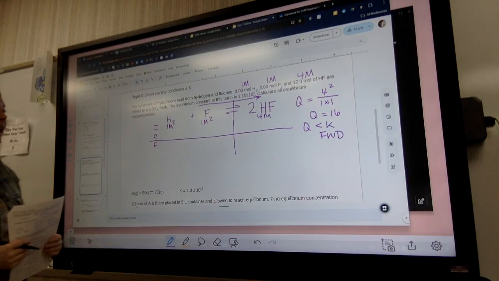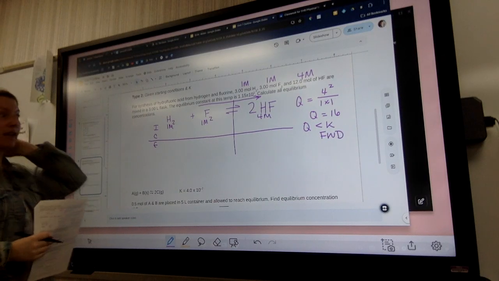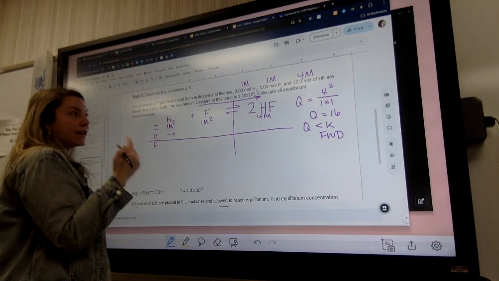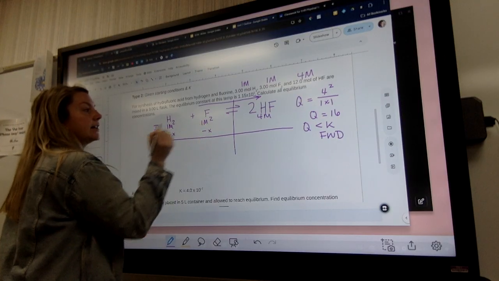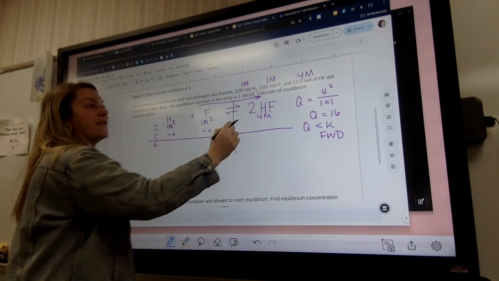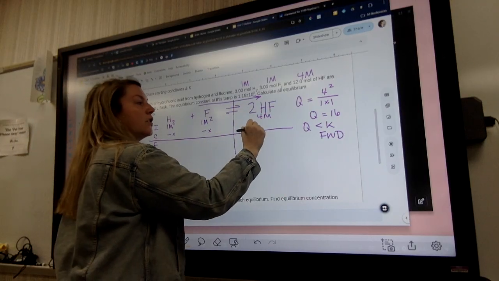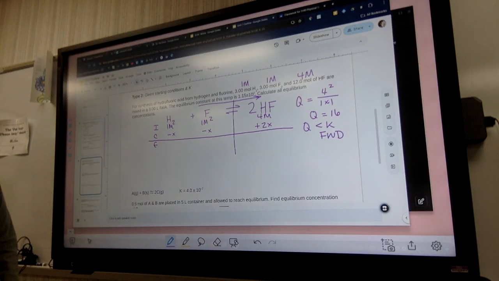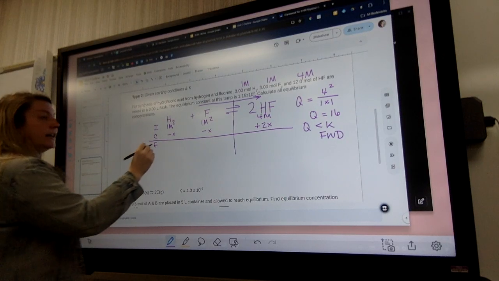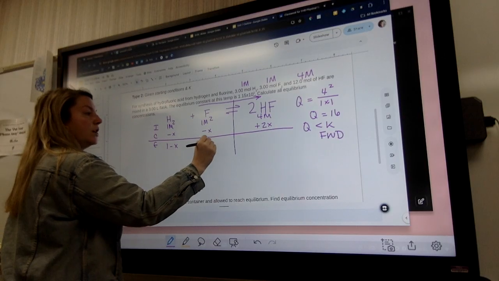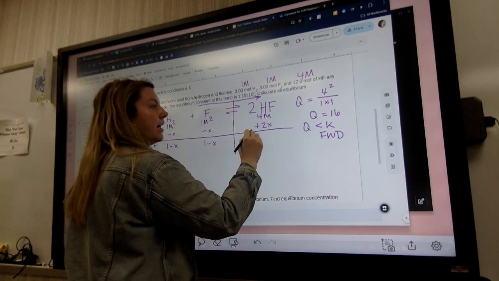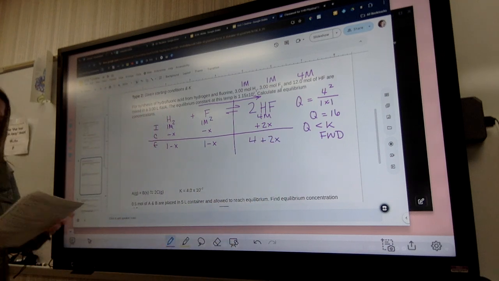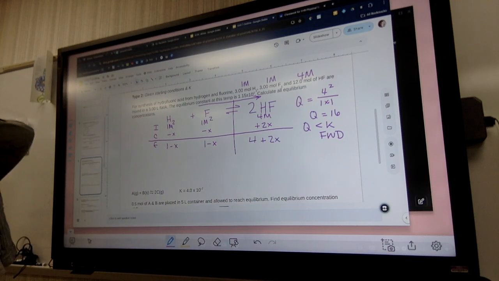So let's go ahead and write that in using the coefficients out in front. So I'm going to have a minus x from this one, minus x from this, and then I'm going to have a plus 2x because of that coefficient on this side. Okay, so what we're going to get is 1 minus x, 1 minus x, and 4 plus 2x on this one.